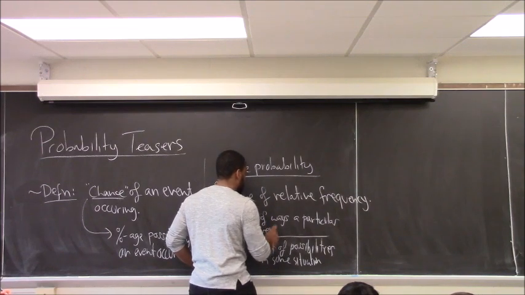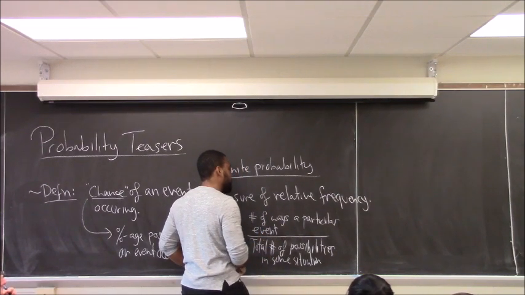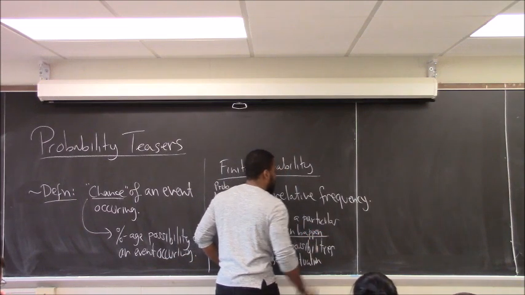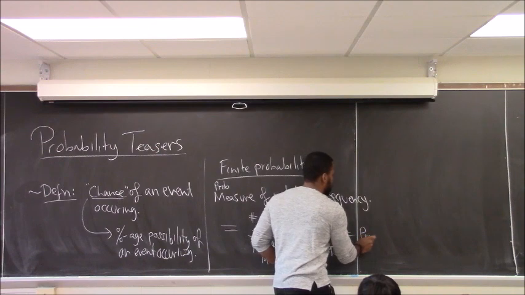Now we'll write this down a little bit more mathy, but I just want to make sure that we kind of have an idea. And this is the probability of the event.